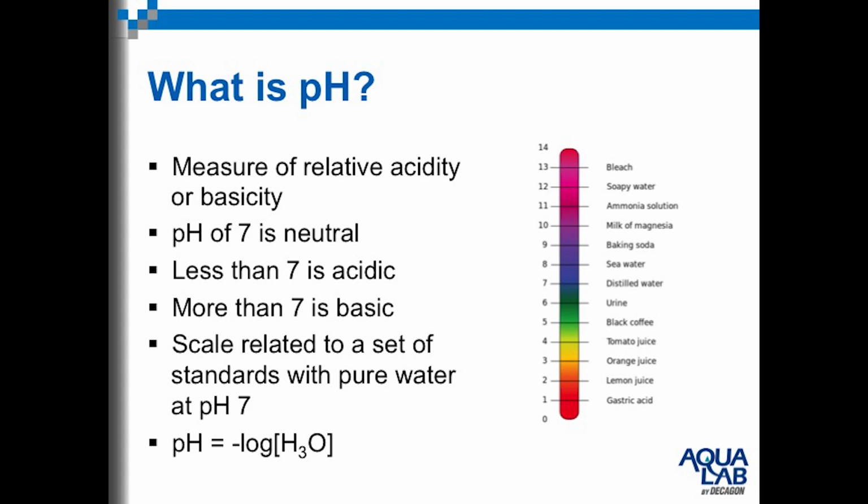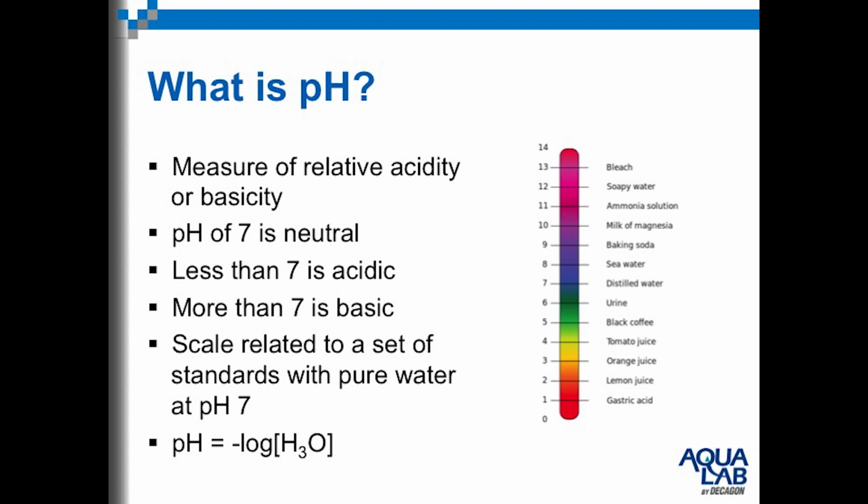And then you have things that are basic as well, things like baking soda and bleach, that are very highly basic materials. Not a lot of foods fall under the basic category. That tends to have a soapy taste to it, not something that's really desirable. So foods tend to either be neutral or acidic.